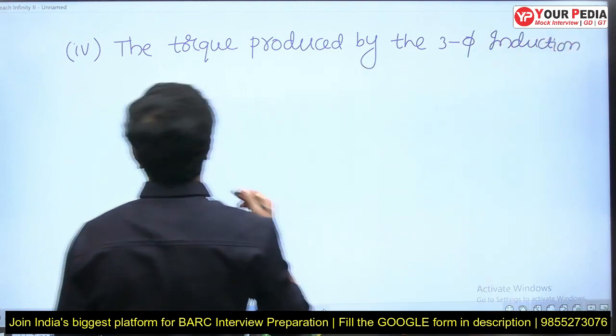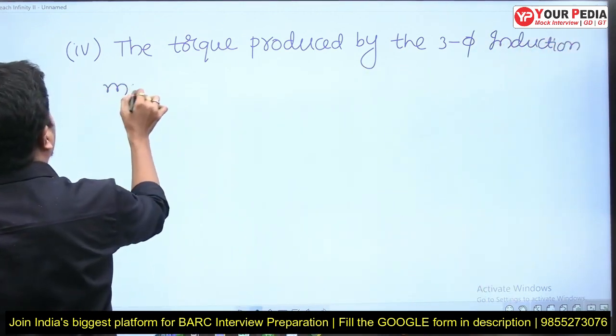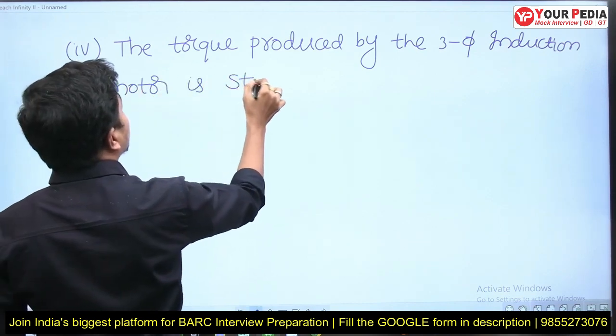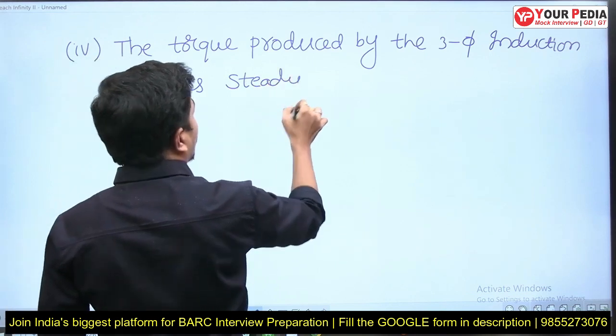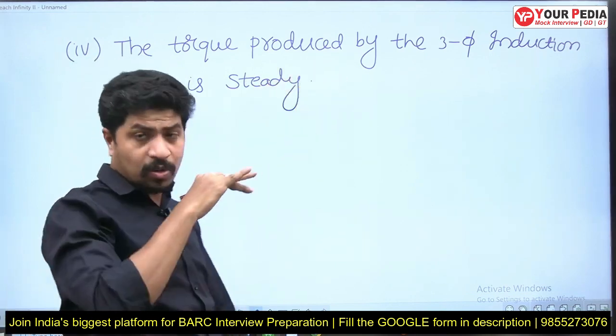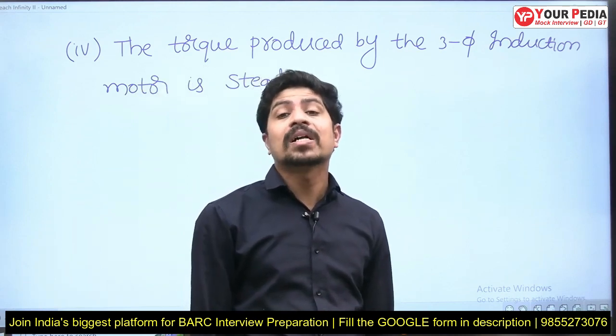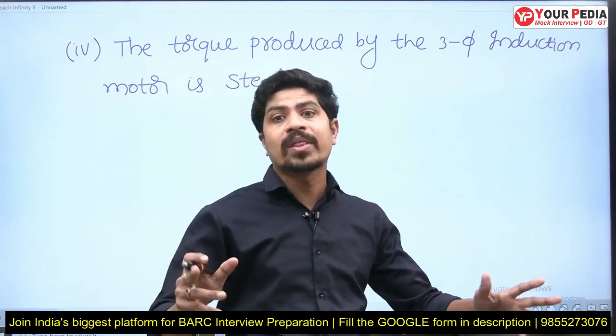The three phase induction motor has a steady torque, means a constant amount of torque it is going to produce. Whereas for a single phase machine it is a pulsating torque, means vibrations will be there.